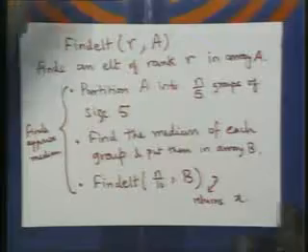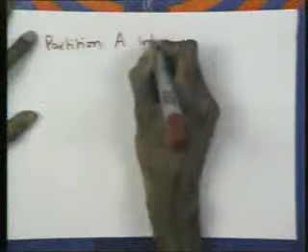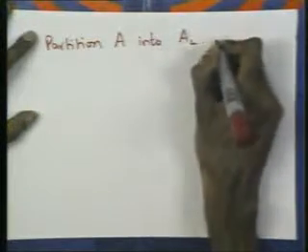Okay, now what do we do? Well, this is something we have done before. We use x to partition the array into two parts and then recurse on the right part. That's it. So partition A into AL and AR.